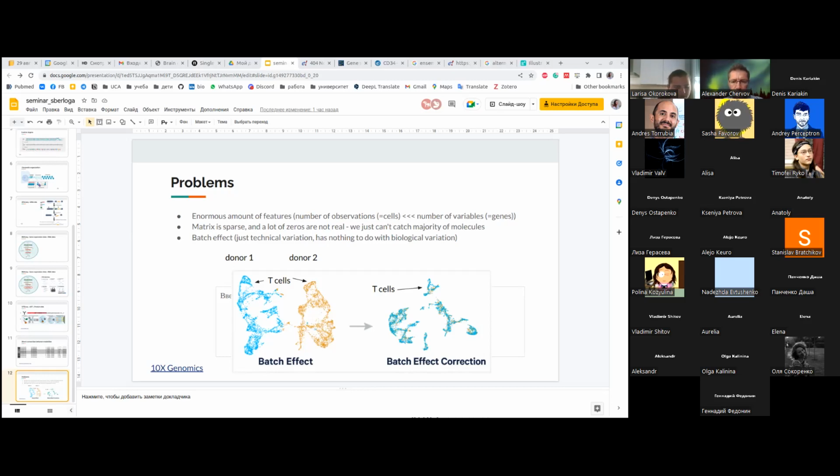Some proteins live longer and some live shorter, but in general, there is a case of correlation.